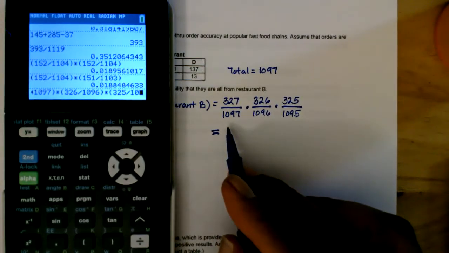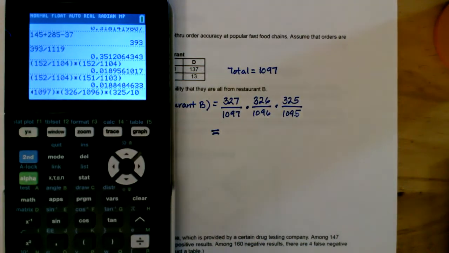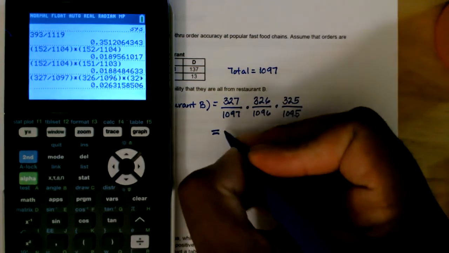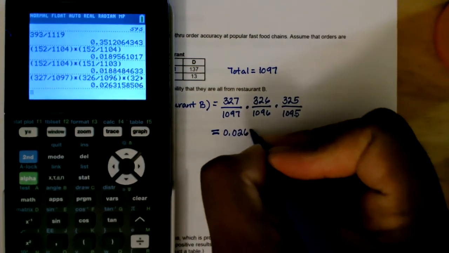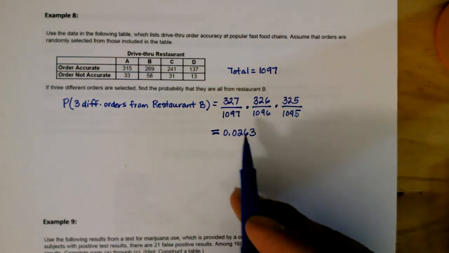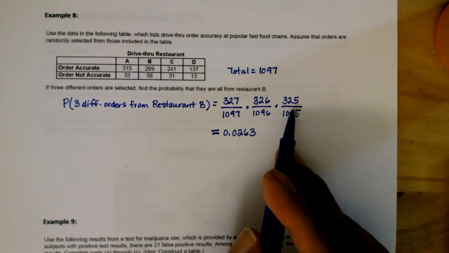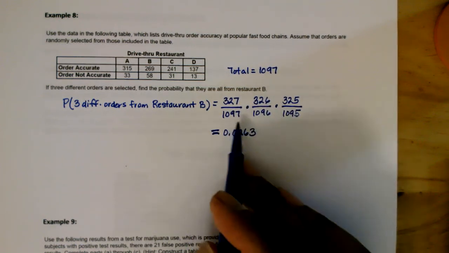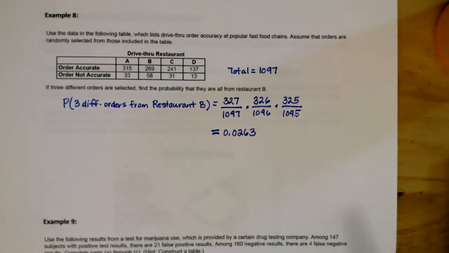Because if that's 1,097, the next one is 1,096, then 1,095. Then hit enter. Let's see, to 4 decimal places, this will be 0.0263. Okay. So you want to make sure that when you're dealing with without replacement, that your numerator and your denominator decrease by 1 each time for each probability.